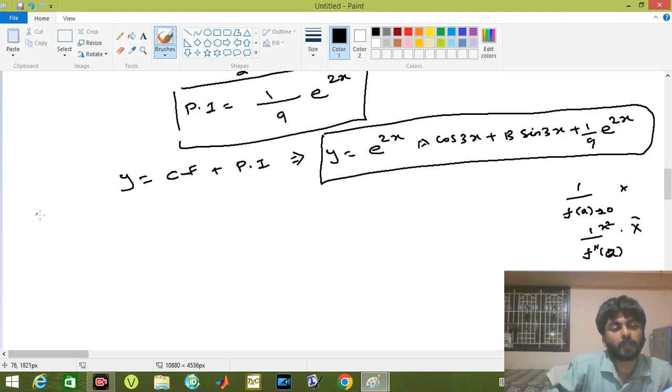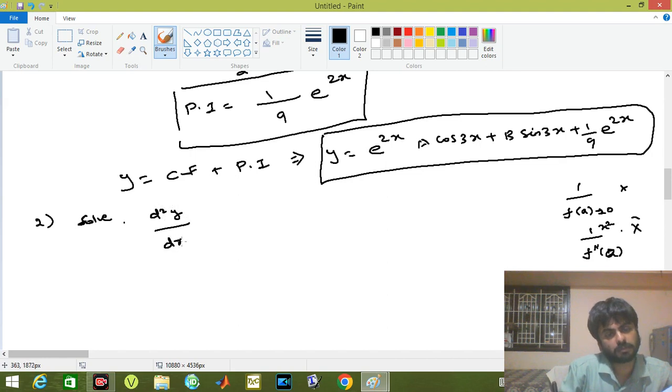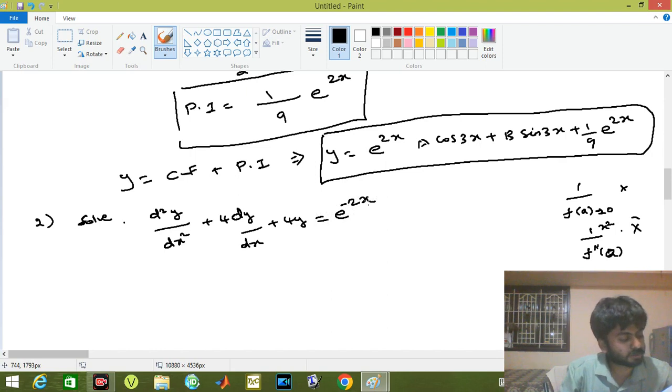Okay, the problem here is: solve d square y by dx square plus 4 dy by dx plus 4y equal to e power minus 2x.